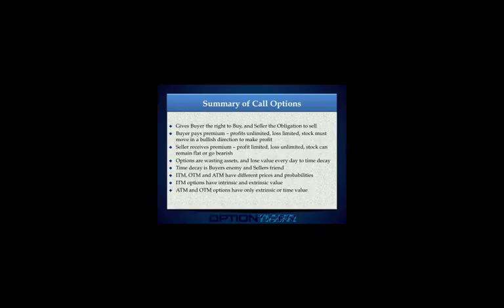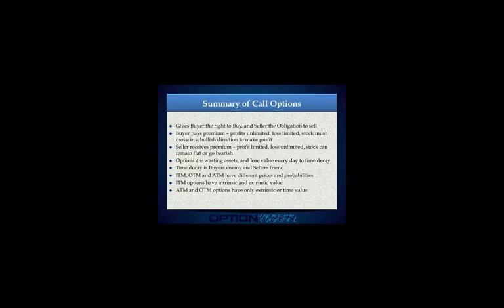But the stock must move in a bullish direction for him to make profit. Seller receives a premium and his profit is limited to this premium. His losses are unlimited if the stock goes higher. From his perspective, the stock can remain flat or go bearish.